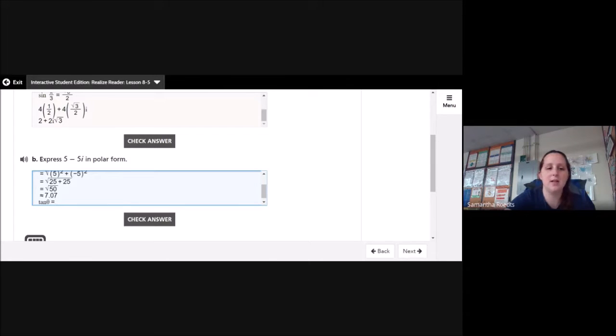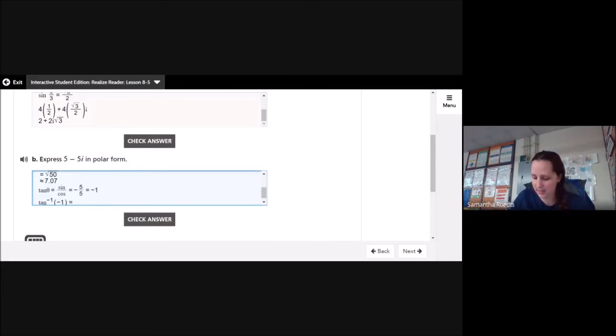Okay, so then I want to find tangent theta. Remember, tangent theta is my sine divided by my cosine. So our sine over cosine was negative 5 over 5, which is negative 1. So I'm going to find the inverse tangent of negative 1.